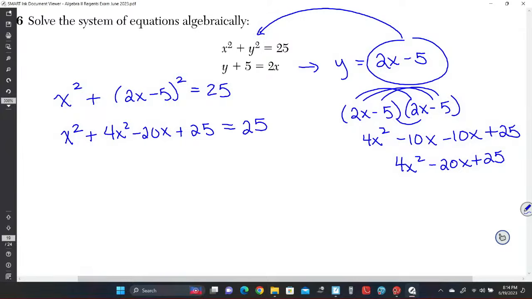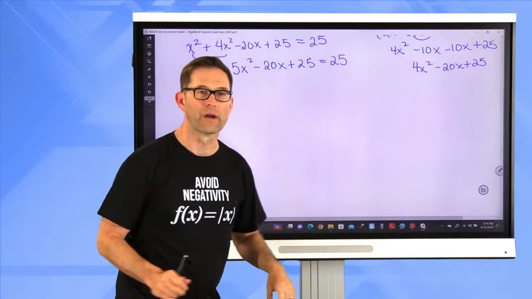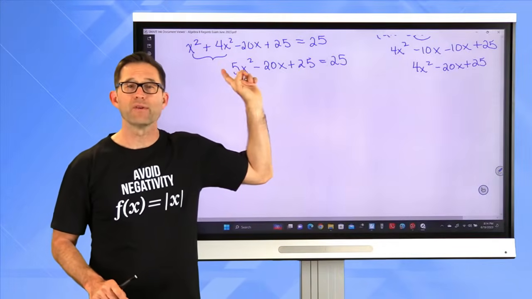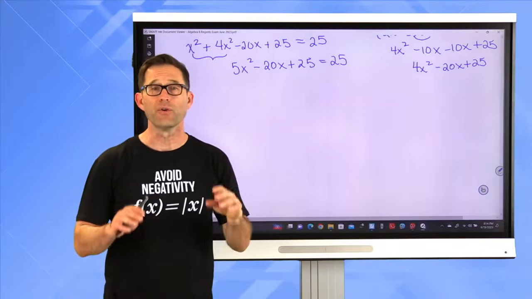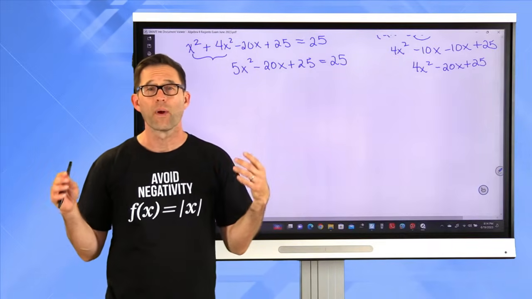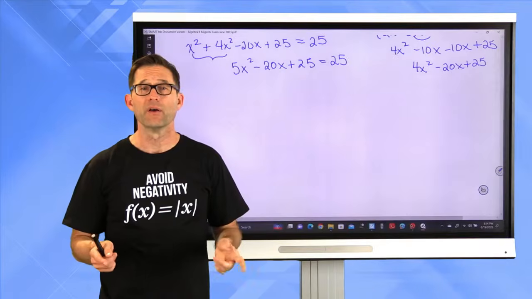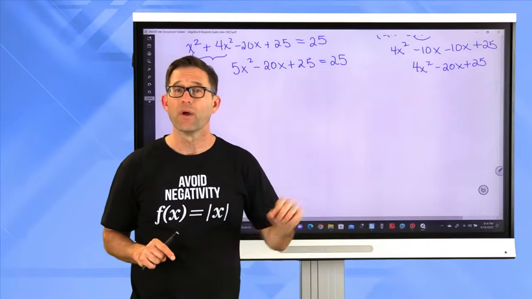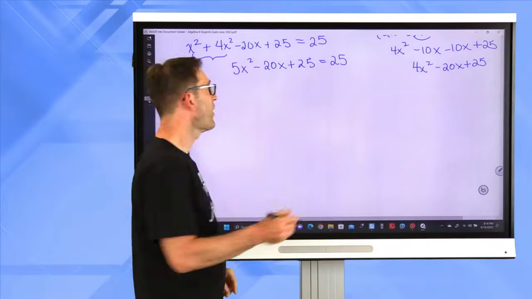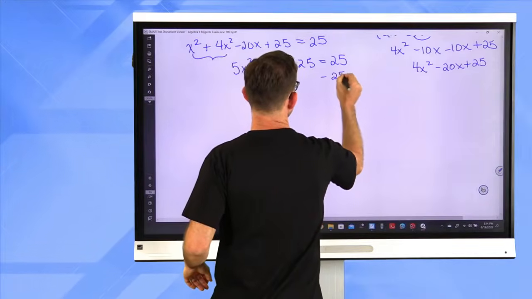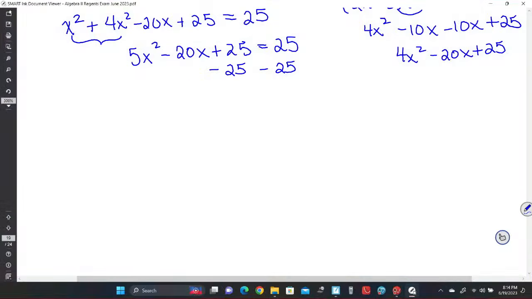All right, let's combine a couple like terms, not much I can do there: 5x squared minus 20x plus 25 is equal to 25. And I'm really hopeful that at this point in your math career, when you're trying to solve an equation with an x squared in it, whether you're doing it by factoring or using the quadratic formula, you know you got to get it equal to 0. So right now this is equal to 25, which means I'm going to subtract 25 from both sides.